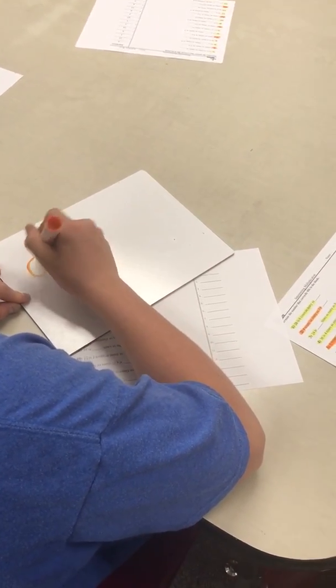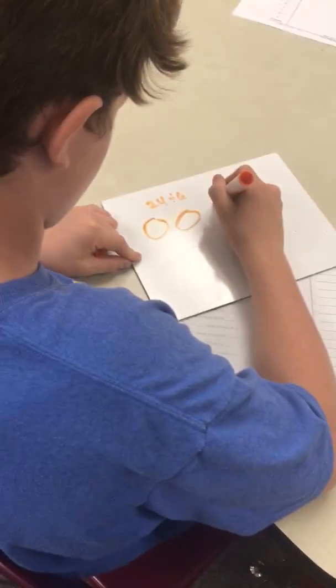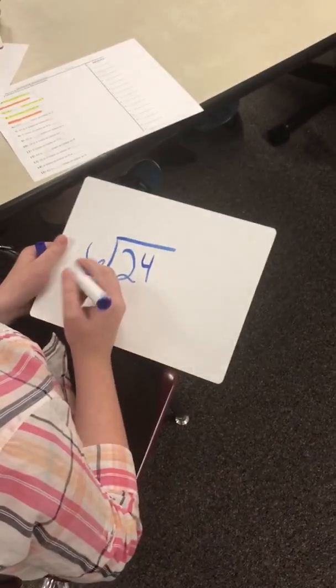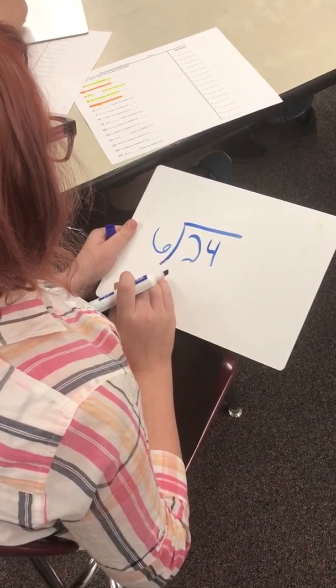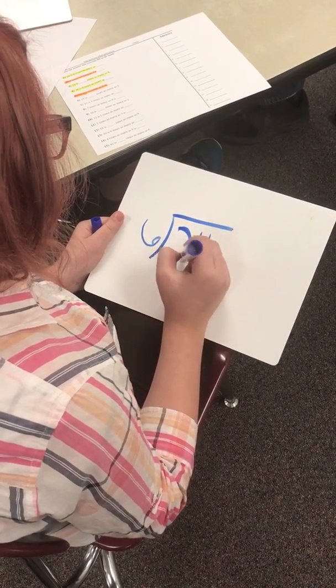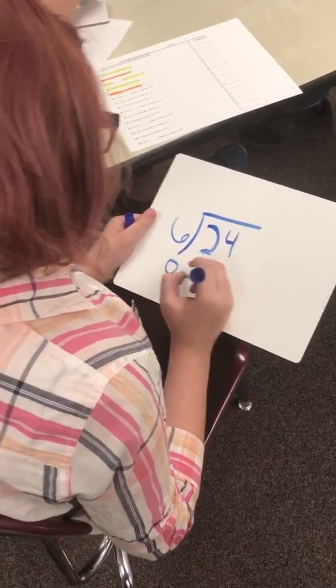You can either use multiples, or you can partition into equal parts. Obviously your big number, which is 24, is the total. That's what you're going to be splitting up into 6 equal parts.